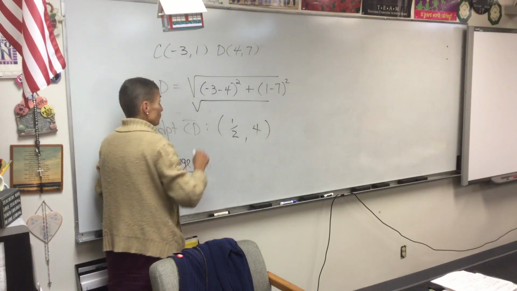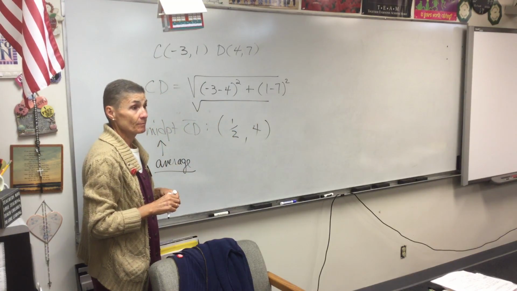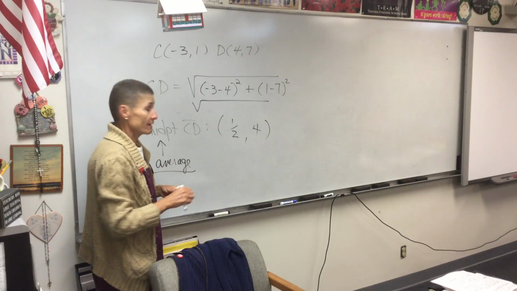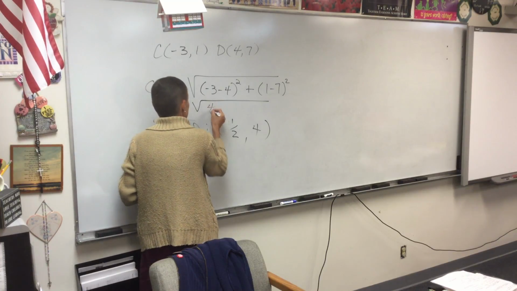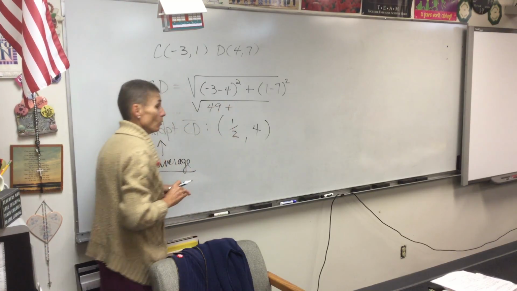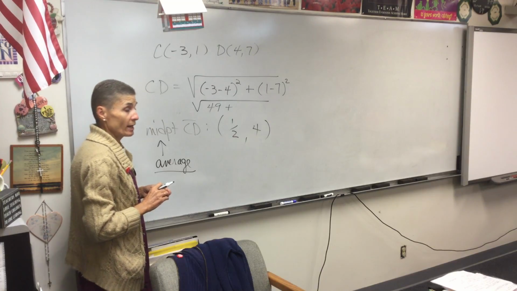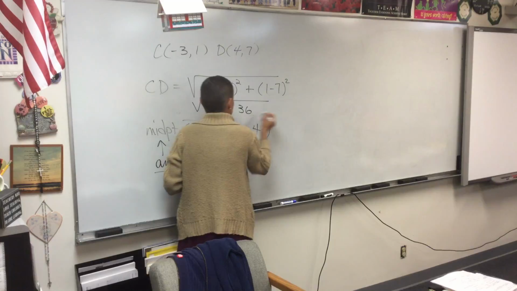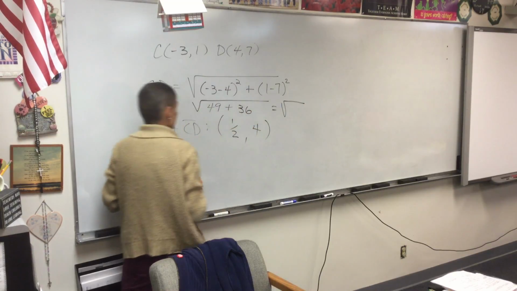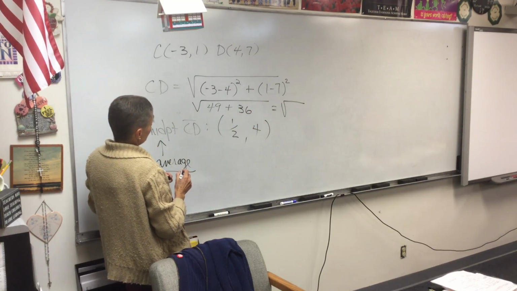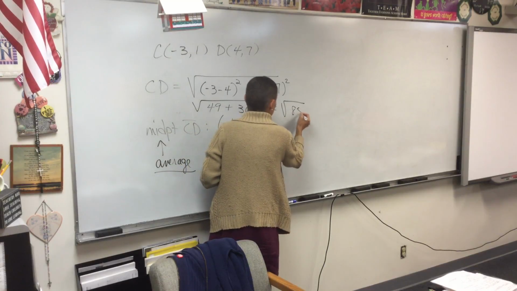All right, so -3 minus 4 is -7 squared. 1 minus 7 is -6, squared. And now, let's see, adding those up, I get 85.